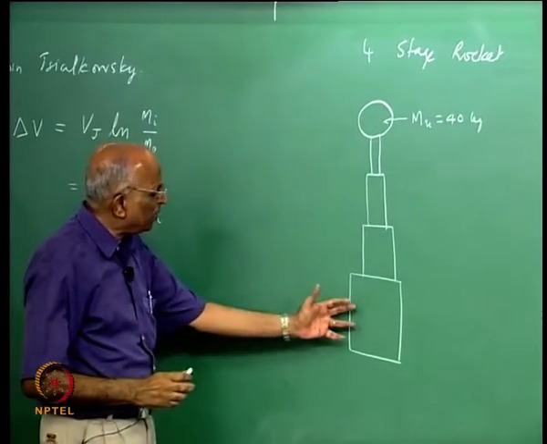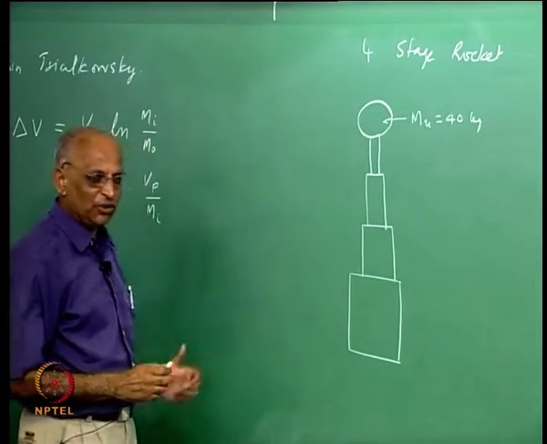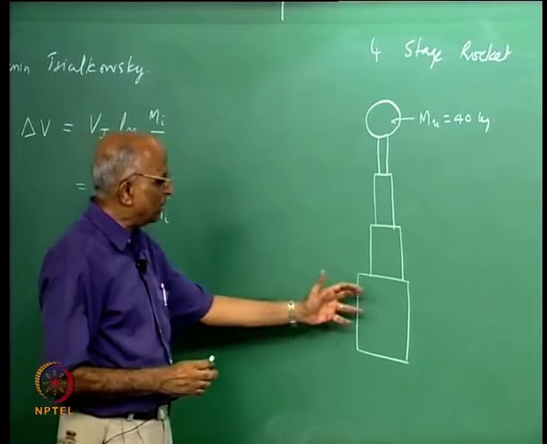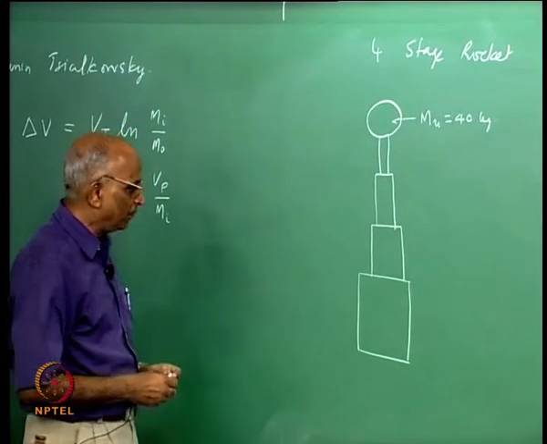What do you think should be the weight of these stages? Let us take an example. This is one of the launch vehicles which we had in India, which I am illustrating. Maybe the numbers are representative, may not be exact.